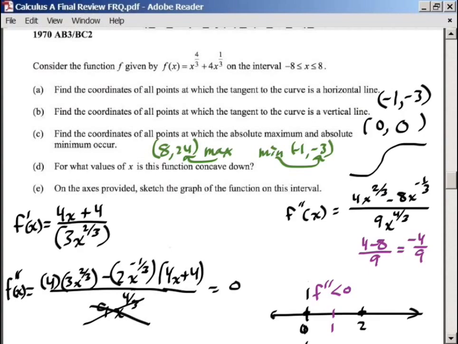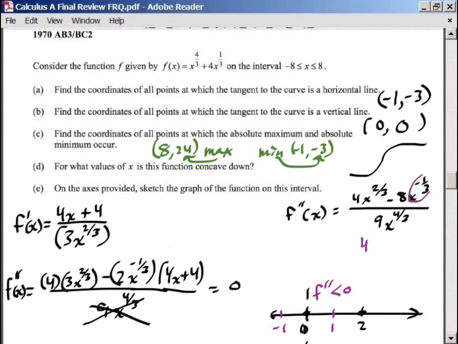Now let's try negative 1. If we plug a negative 1 into this, negative 1 squared would be positive 1, and then we would take the third root of it, so it'd just be 1, so we would have 4 again.